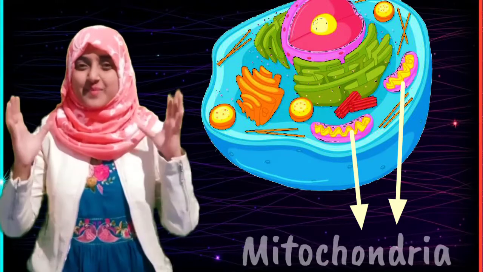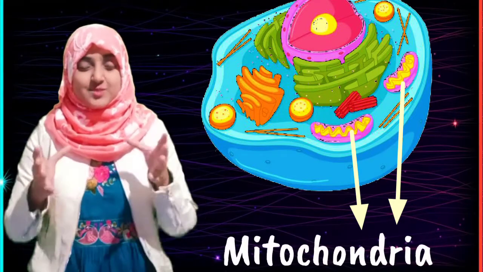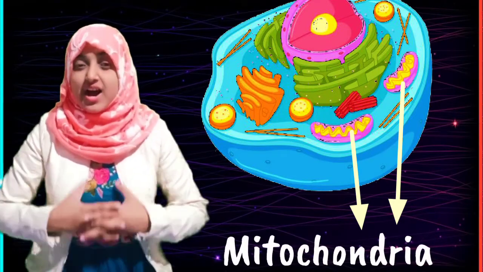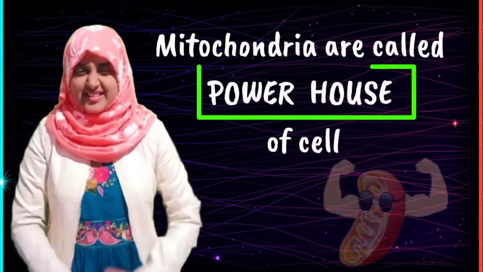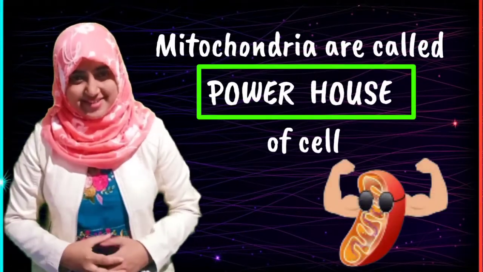Let us now study about another energetic organelle of the cell, that is the mitochondria. These mitochondria of the cell are responsible for producing and supplying energy to the cell, and hence these mitochondria are regarded as the powerhouse of the cell.